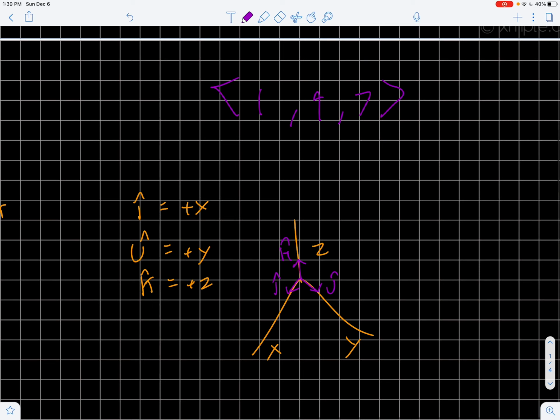What do I mean by that? If you have your vector 1, 4, 7, you go 1 here, 4 here, 7 here. Boom. Vector 1, 4, 7. Now, that also means you could add 1 i vector, then you go over and add 4 j vectors, then you add 1, 2, 3, 4, 5, 6, 7 k vectors.